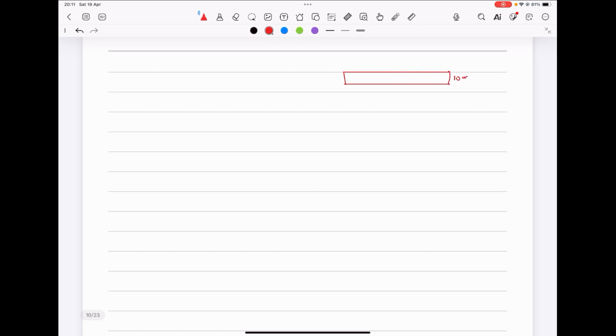This is 10 mm. This is 100 mm. And it has a web. It is 8 mm. This is 100 mm.